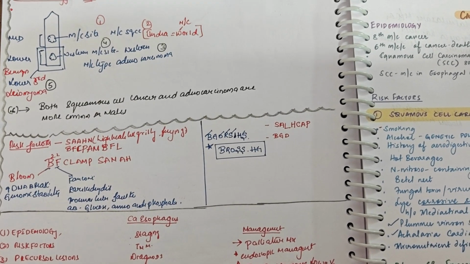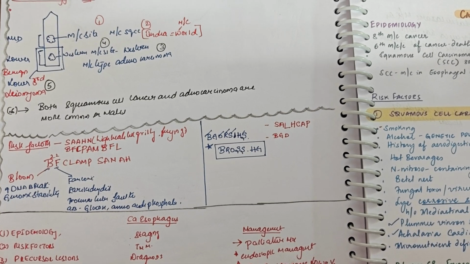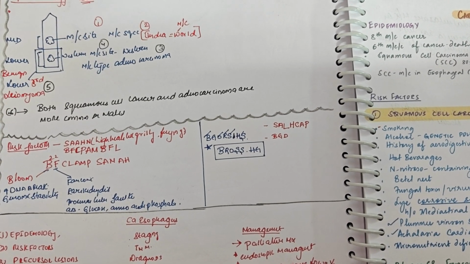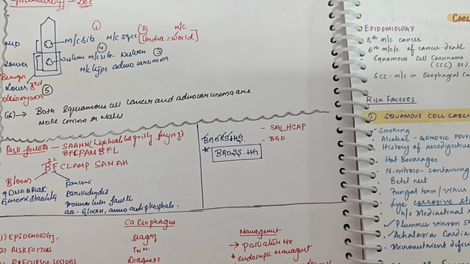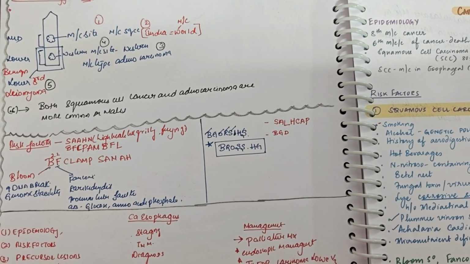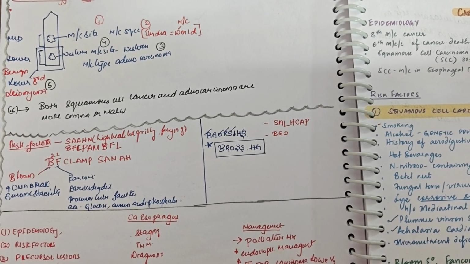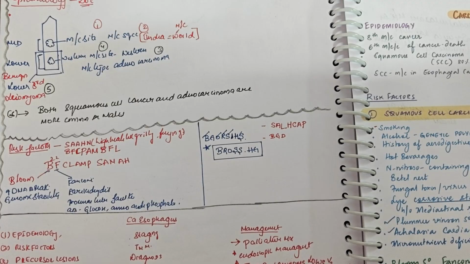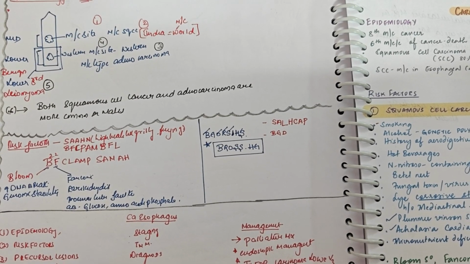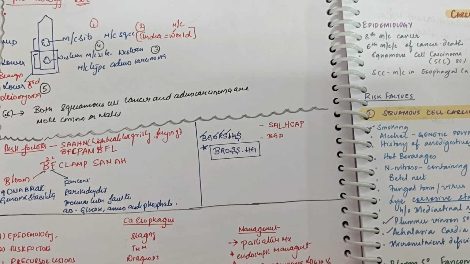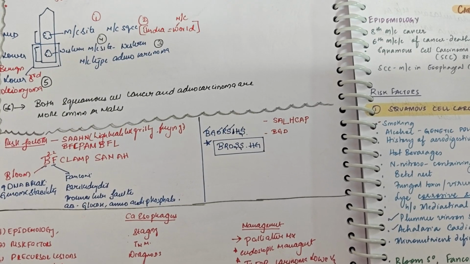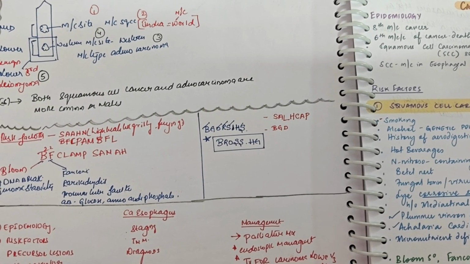In the West, the most common site of esophageal carcinoma is the lower one third. And what type of cancer is it?